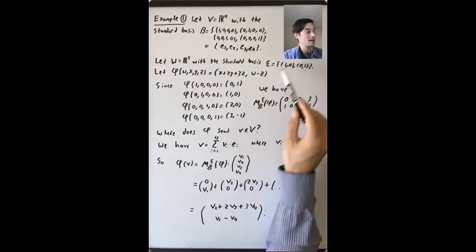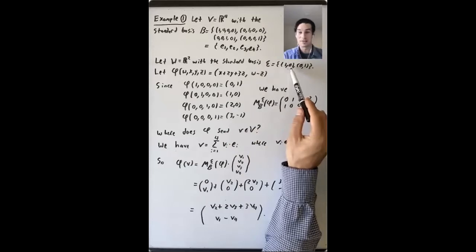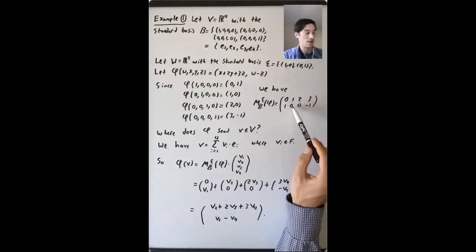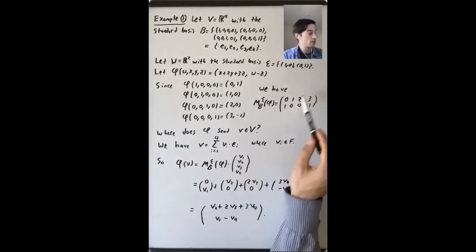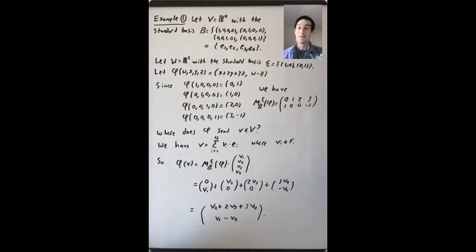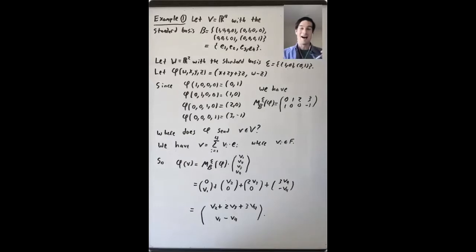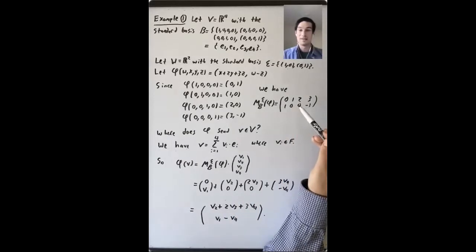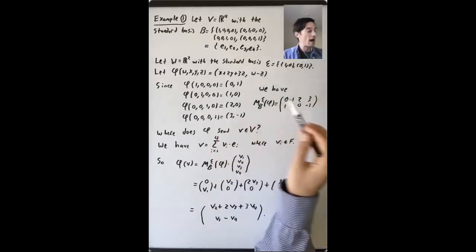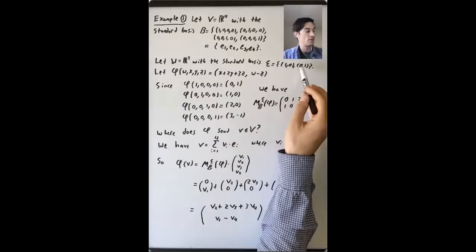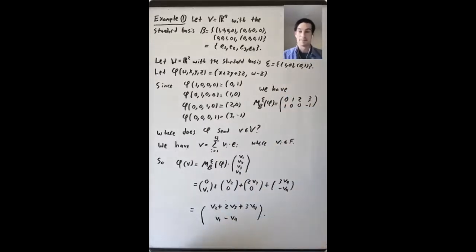E2 gets sent to 1 times the first basis vector in E plus 0 times the next basis vector in E. And so on. So each column is keeping track of the coefficients in F, in this case the real numbers, that give us phi of Ei as a linear combination of the basis vectors in E.